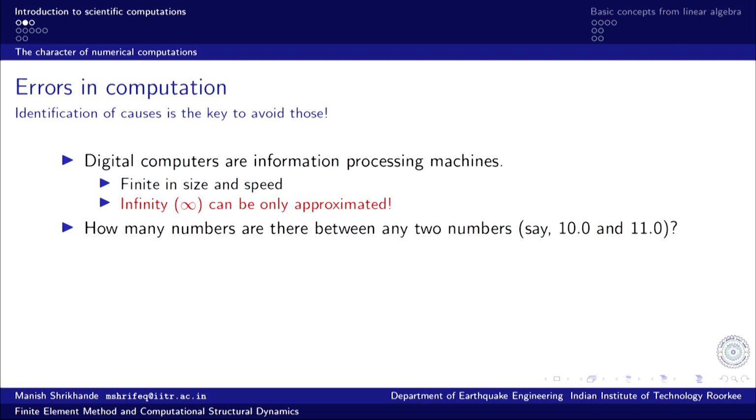The immediate reply would be infinity. That is what we have been taught. We understand the number system and real numbers, and why just 10 and 11, between 10.0 and 10.1 we can still fit infinite numbers.